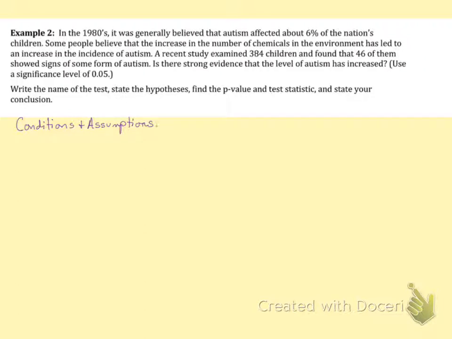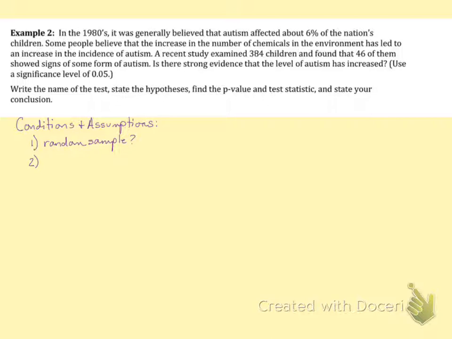First, we typically want to make sure that the sample is random, and it doesn't say that in this problem. We really don't know if the sample is random, so it's something that researchers would probably follow through on and say, was this actually a random sample? We're going to keep moving forward, though.